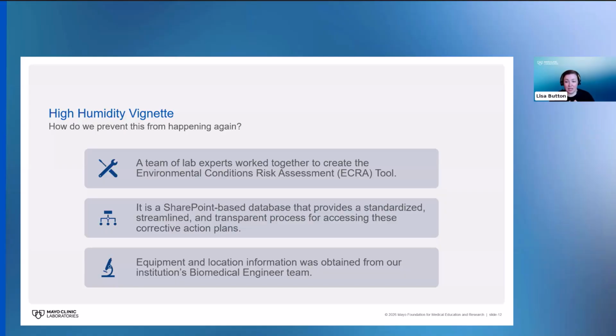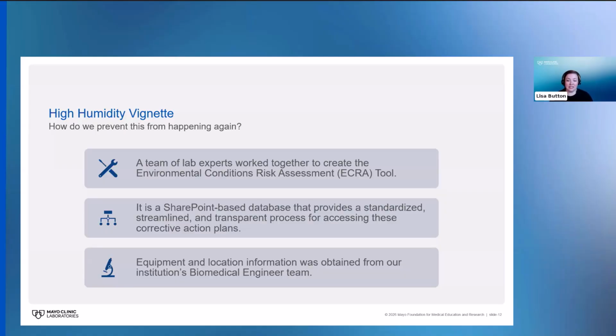And then if they do go outside of those thresholds, what is the corrective action plan? Are they going to halt testing, move testing to a different lab that does the same testing, that type of thing? But it's all in one place that all of the labs can access.